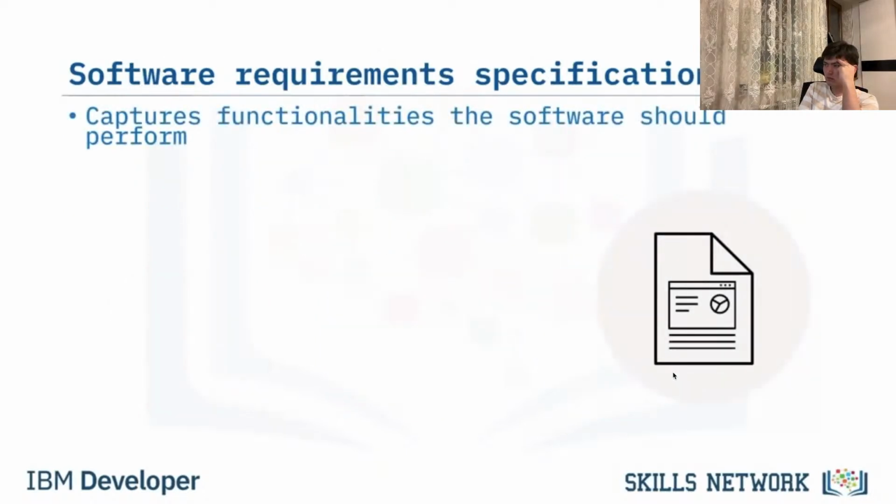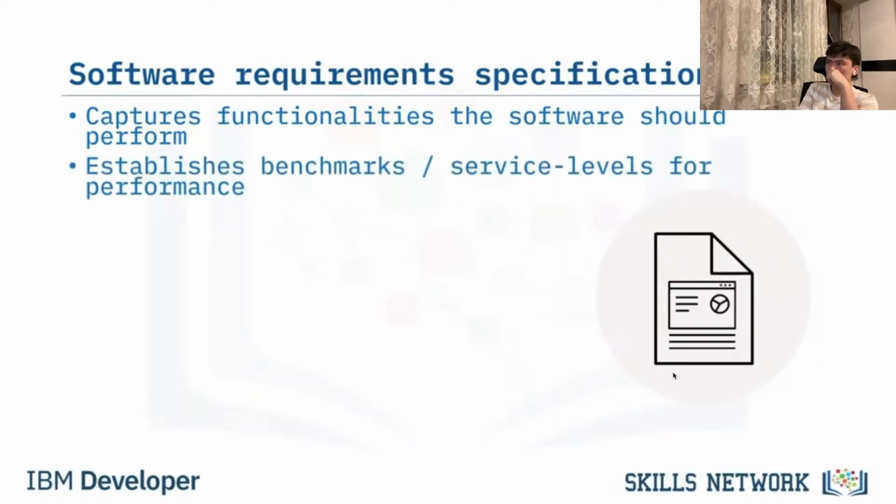The Software Requirement Specification, or SRS, is a document that captures the functionalities that the software should perform and also establishes benchmarks or service levels for its performance.